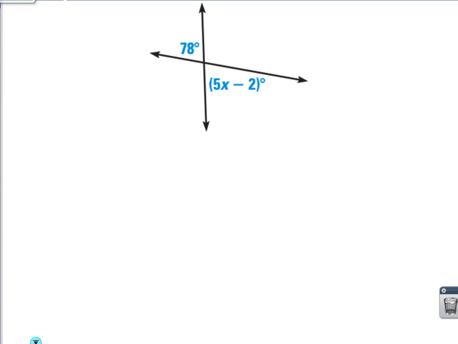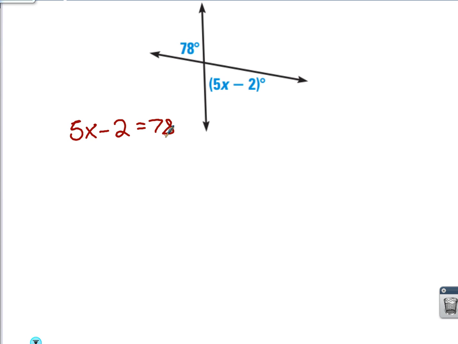Let's do some math. Stephen, what's the relationship between these two angles? 78 and 5x minus 2. Finish this equation for me. 5x minus 2 equals 78. Perfect.